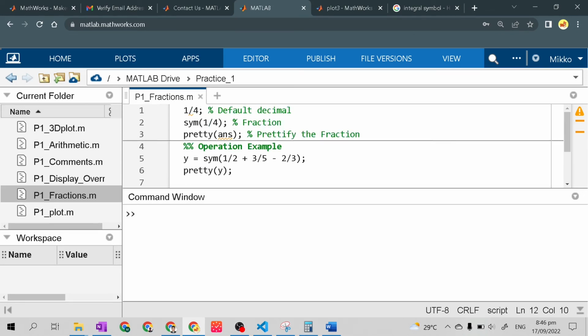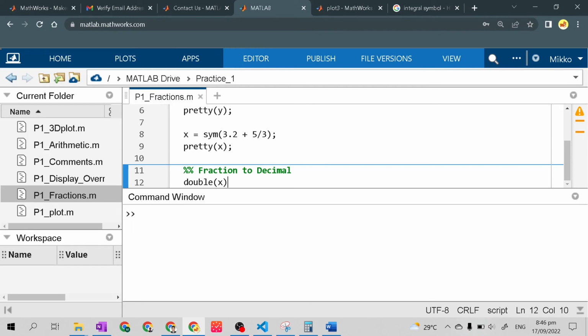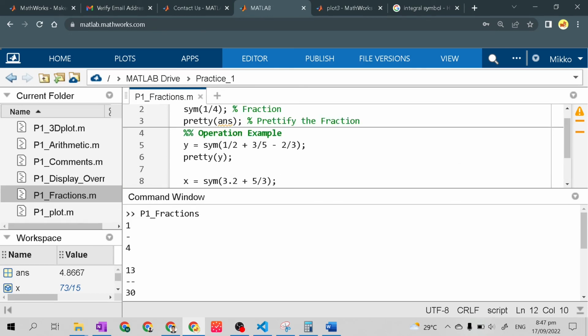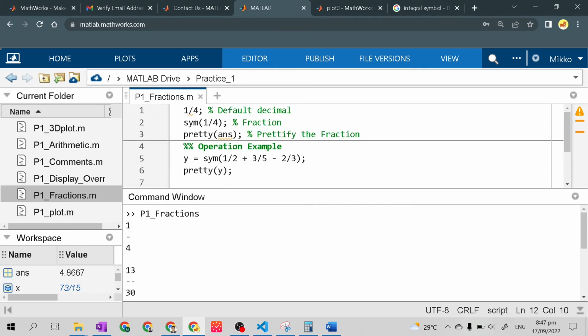Wait. Oh, I see. The prettified fractions will still be printed. The prettified functions are excluded from the function of the semicolon. But that's fine. We just want to know the decimal of 73 over 15.